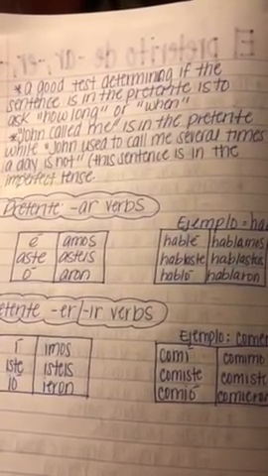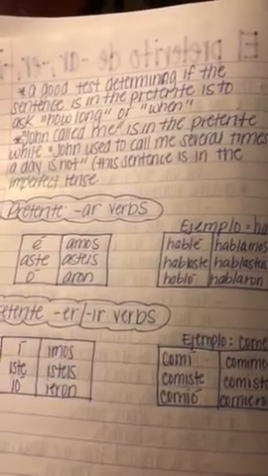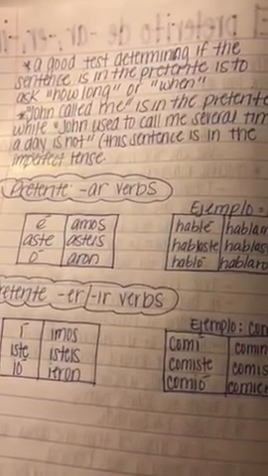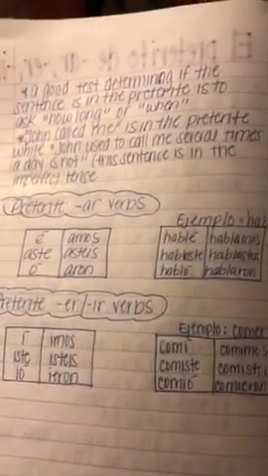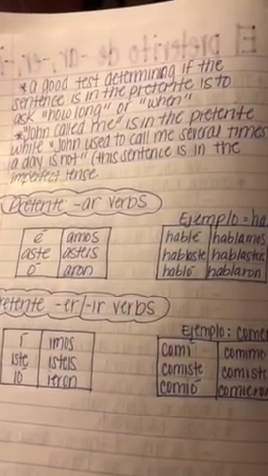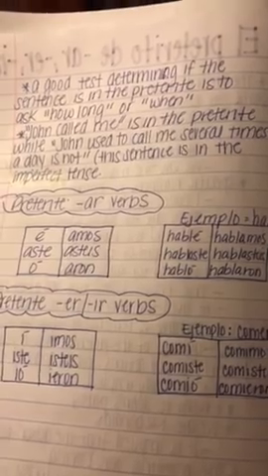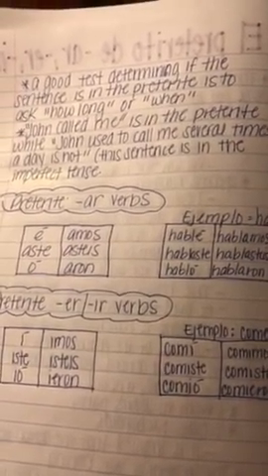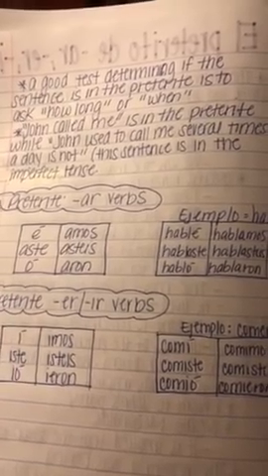Why? Because when I say John called me, I know that happened and it's over. It's not happening anymore. It only happened one time. But when I talked about John used to call me several times, that was something that continuously happened. And we'll talk more about that later on, okay?